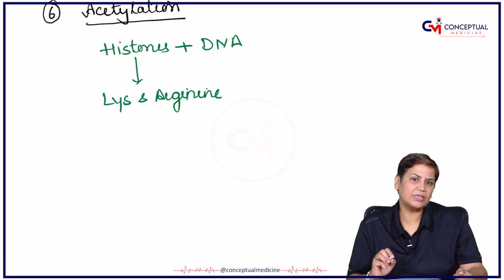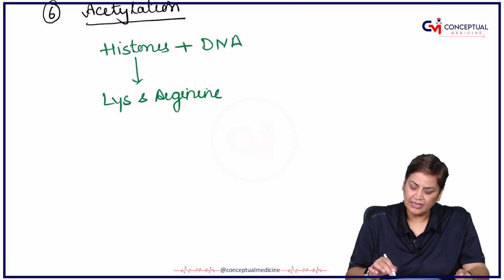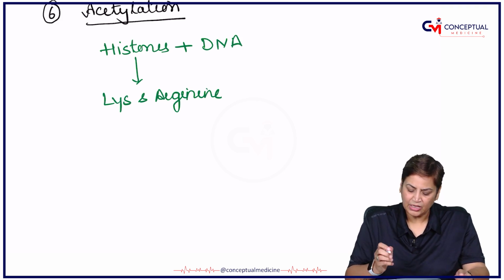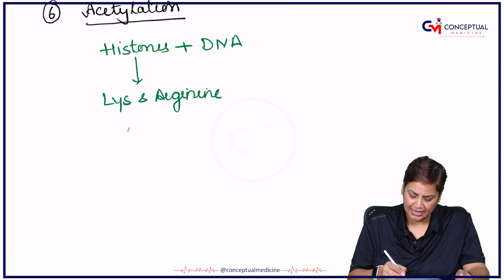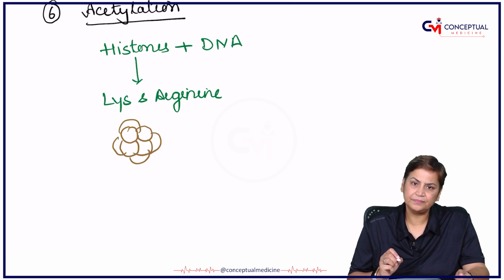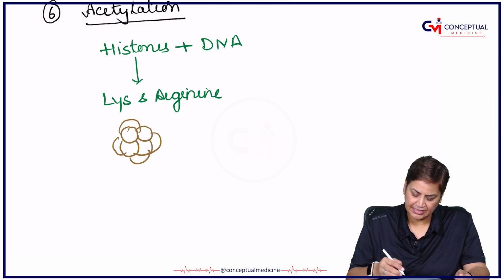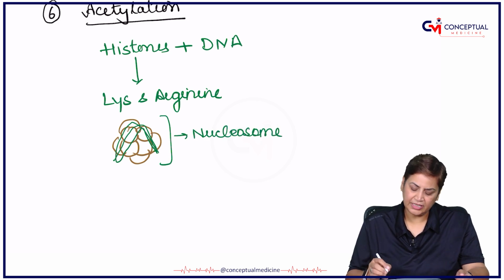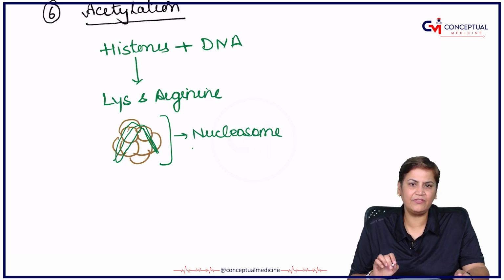Now if we talk about the structure of DNA, we know that DNA is actually intertwined between the histones. Okay. So these histones are like H2A, H2B, H3, H4 in an octamer like this. And this DNA is arranged like this. So this structure is known as nucleosome.